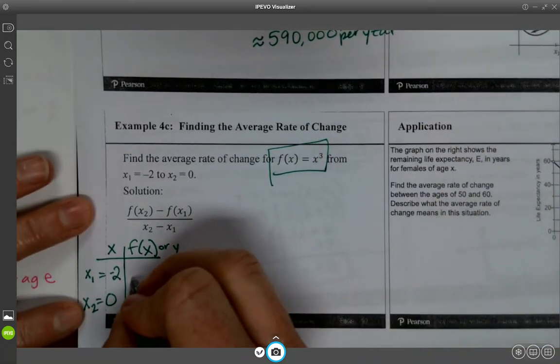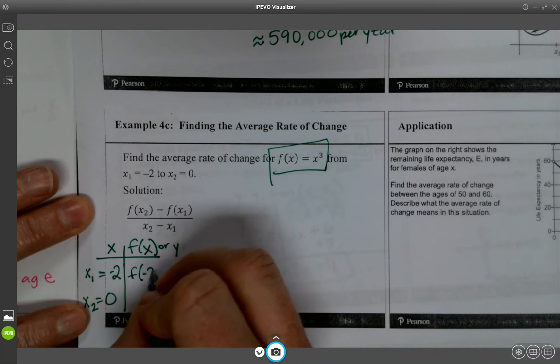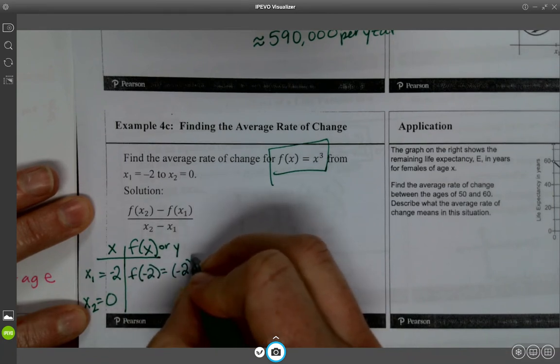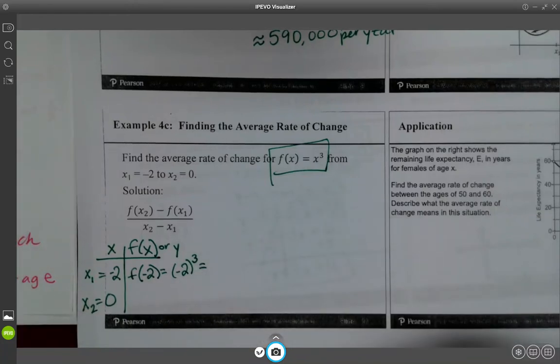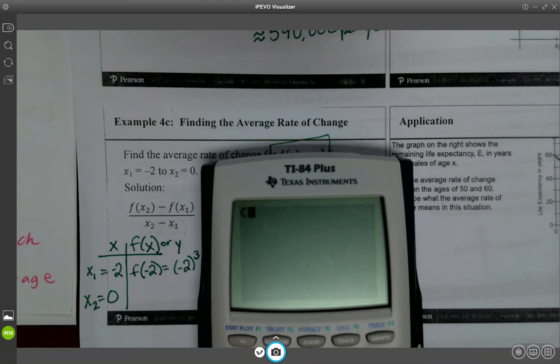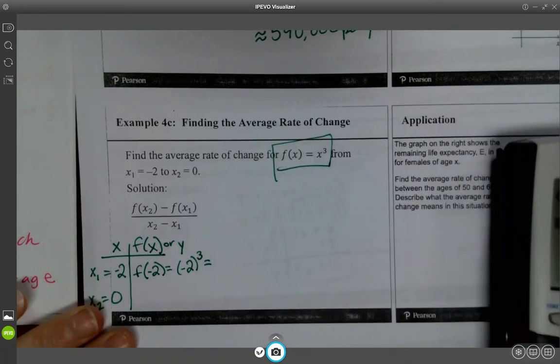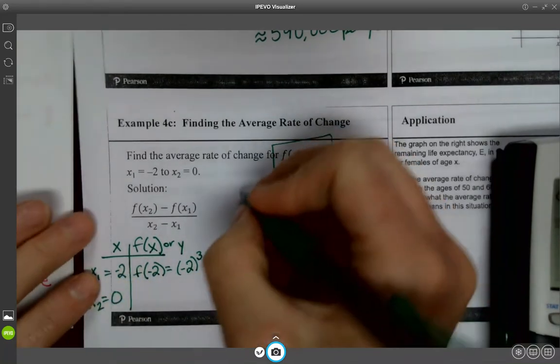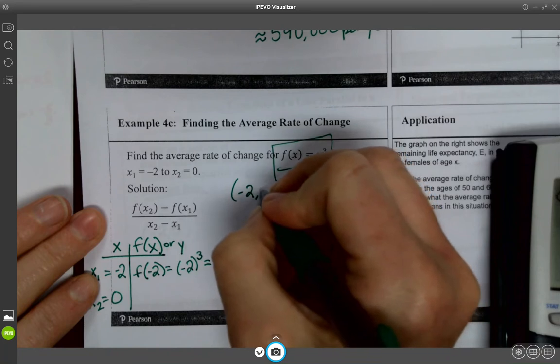So f of -2 would be found by doing -2 to the third power, and when you do that, it comes out to be -8. So that means we have the coordinate -2, -8.